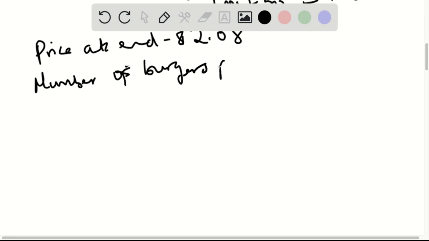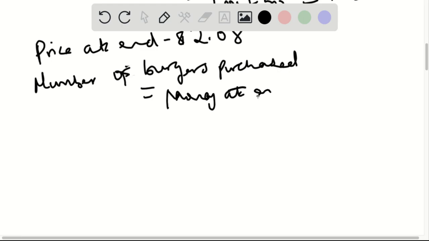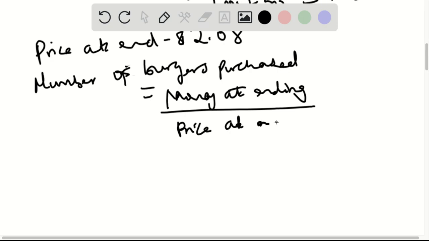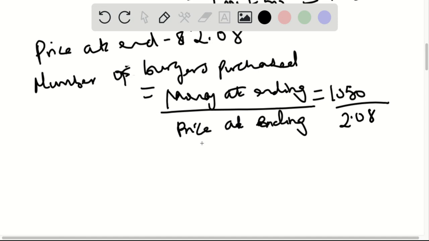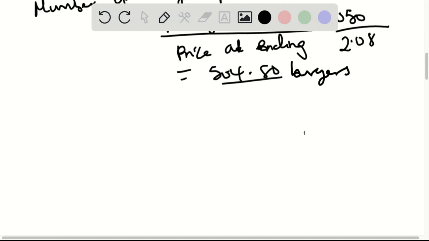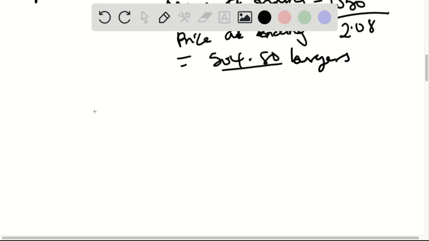So the number of burgers purchased is equal to the money at the end of the year divided by the price of burgers at the end of the year. And this is equal to $1,050 we just found divided by the price 2.08. So they purchased 504.80 burgers.